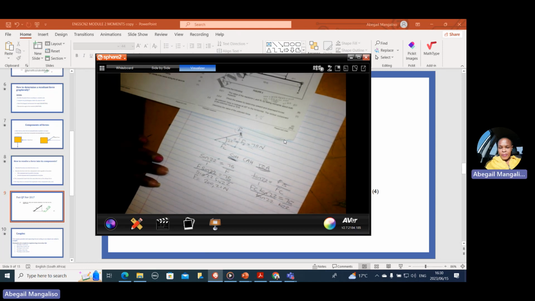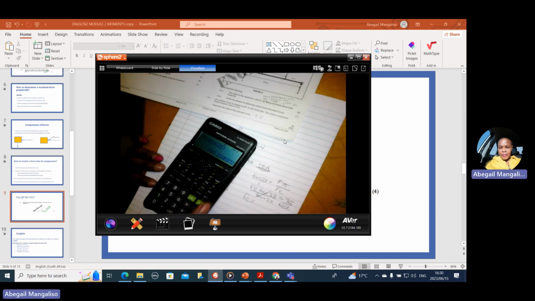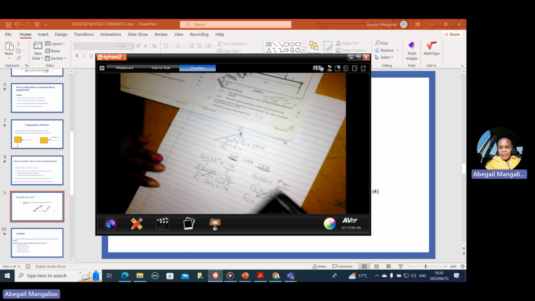Fc is the horizontal component, so Fc will be equal to 75 divided by tan 22, and the answer will be 185.632.